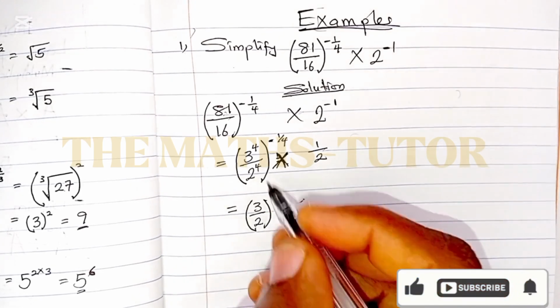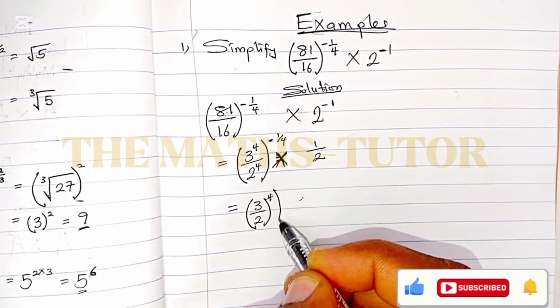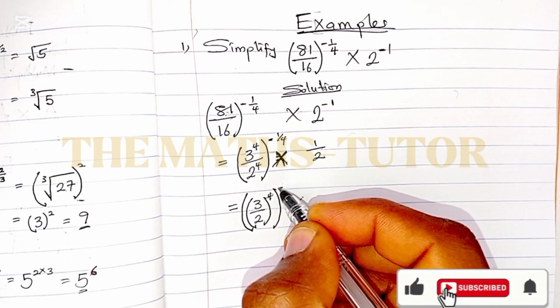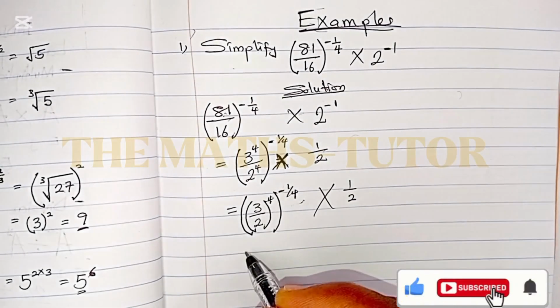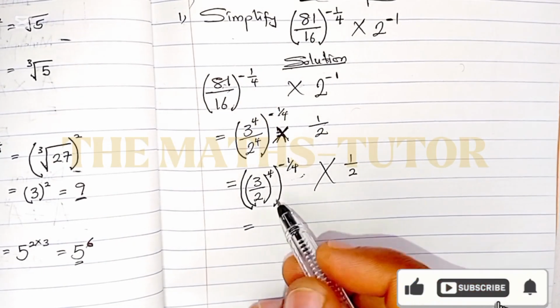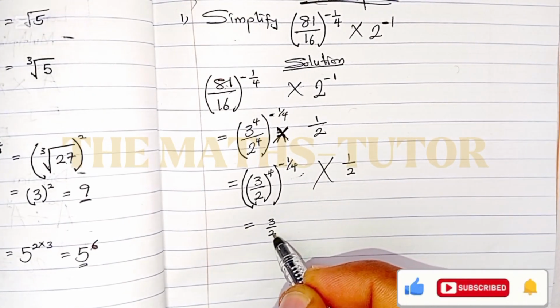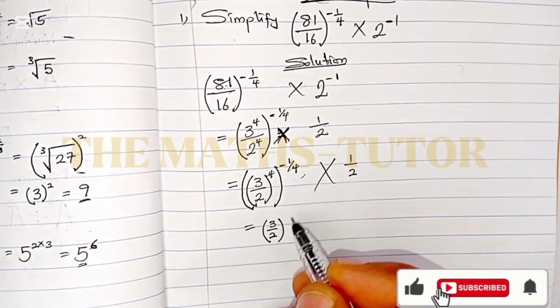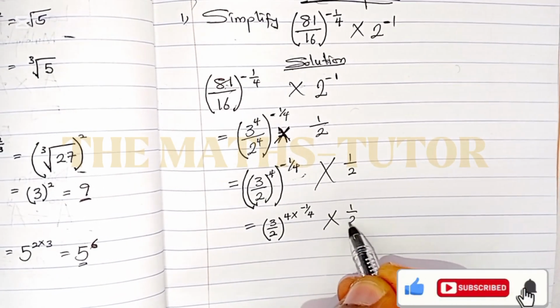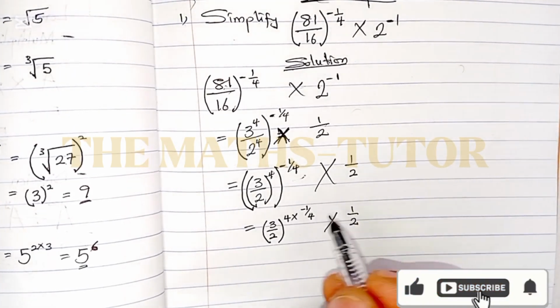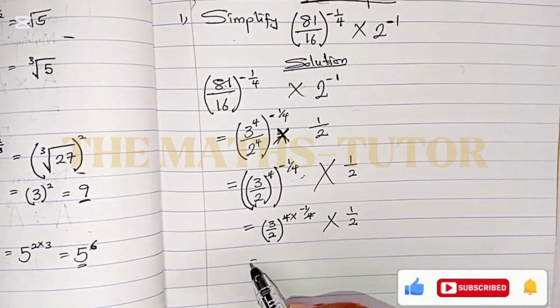And so we see that for 3 and 2, we have an index of 4. Then all raised to the power of minus 1 over 4, multiplied by half. Using index of an index, we get 3 raised to the power, the index will be 4 multiplied by minus 1 over 4. And then we multiply our answer by half.